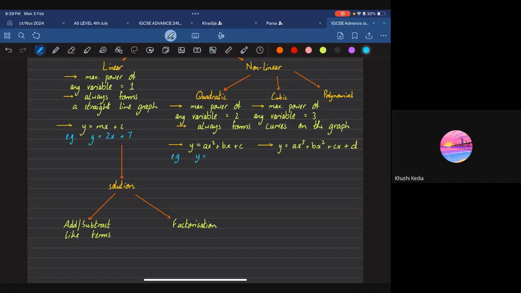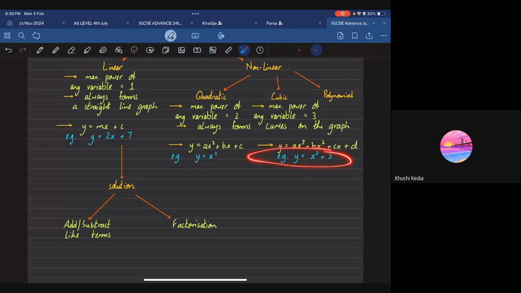Now, an example of a quadratic equation, I'll give you the easiest example: y is equal to x squared. That's a quadratic equation. It doesn't really matter if there are no other terms. As long as the maximum power of any variable in the equation is equal to 2, it is quadratic. Similarly, an example of a cubic equation could be y is equal to x cubed plus 3.